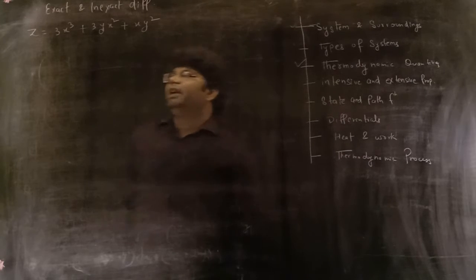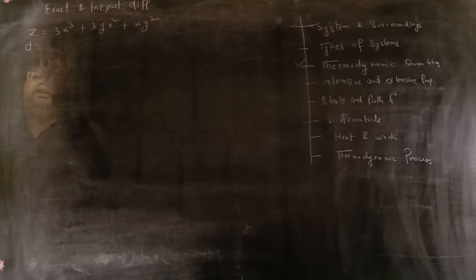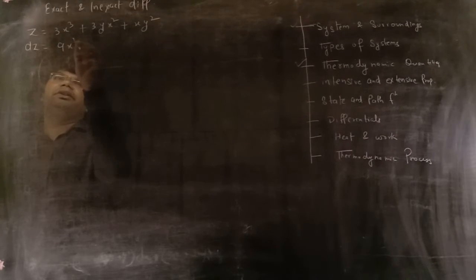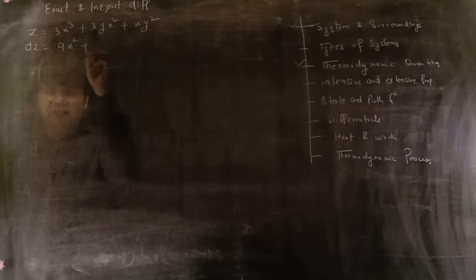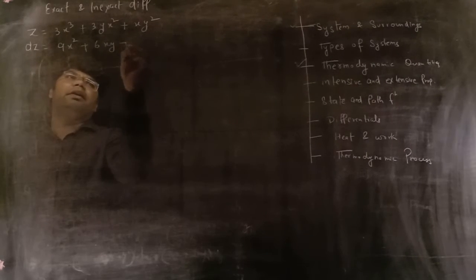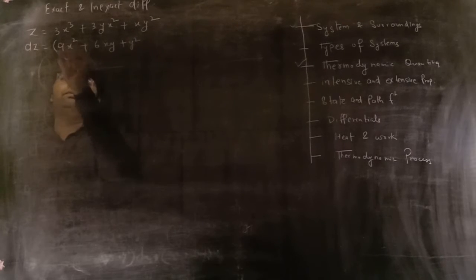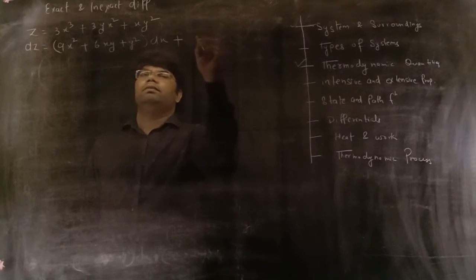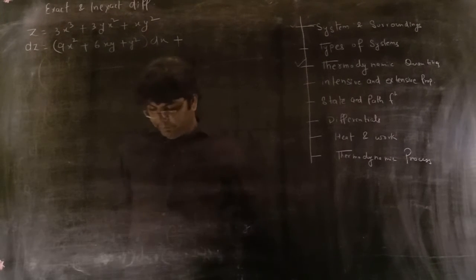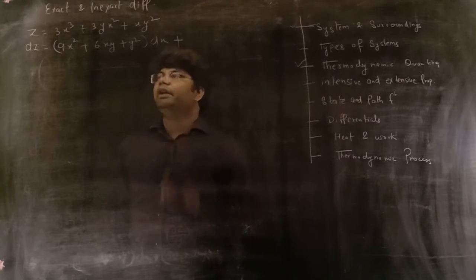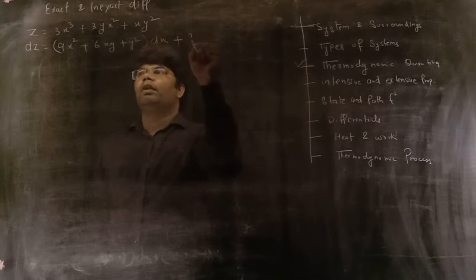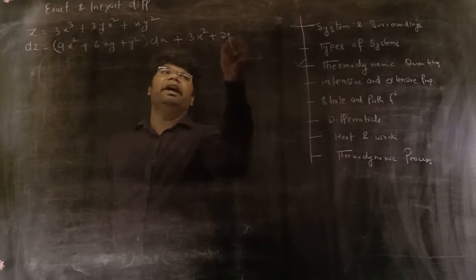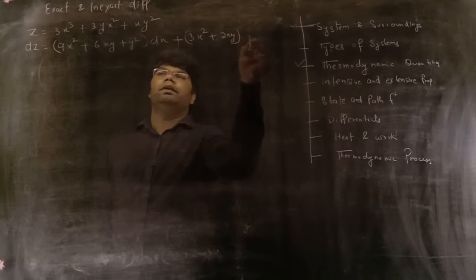You can easily write the total differential equation: dz is equal to (9x square plus 6xy plus y square) dx plus (3x square plus 2xy) dy.